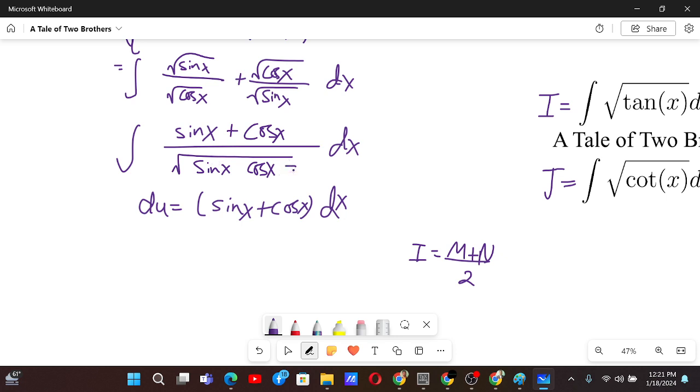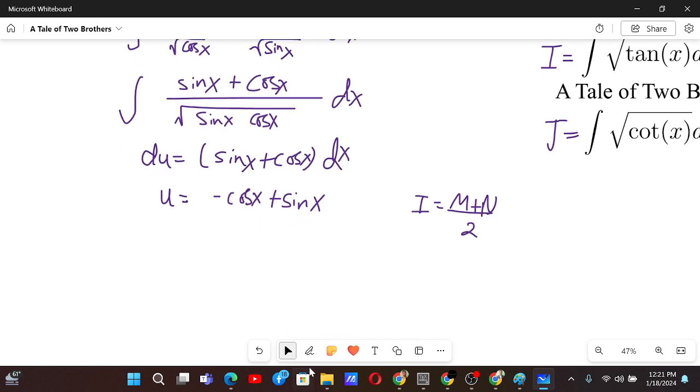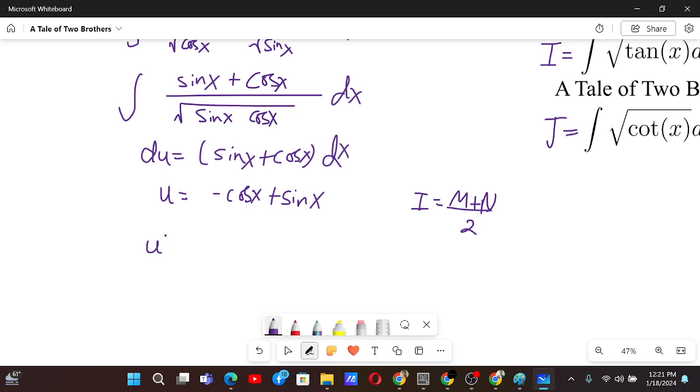Let's see how we can express our u in terms of these. So our u is basically, if we just integrate this, minus cos x plus sin x. Now our u square will be cos square x plus sin square x minus 2 sin x cos x. So that's 1 minus 2 sin x cos x.